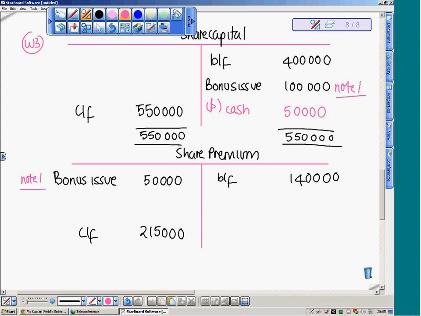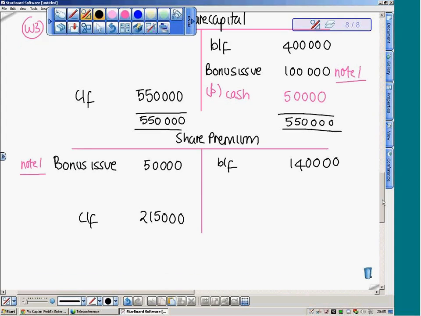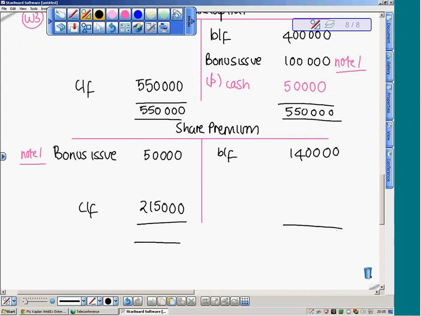Okay, 50,000. And if we total up our share premium, the 265, balancing entry, each entry there, the proceeds and the issue, the 125.